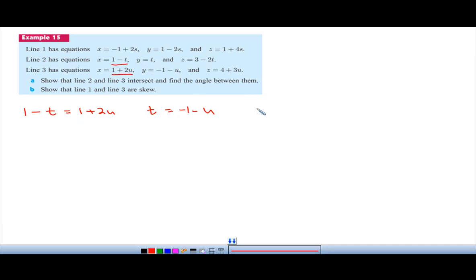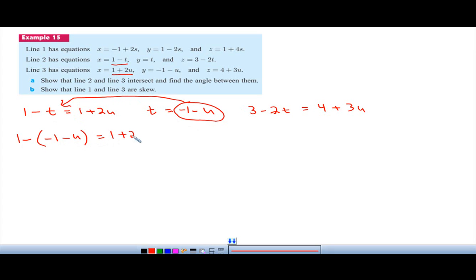And then we have 3 minus 2t is equal to 4 plus 3u. Now, we already know that t equals this, so I can do a direct substitution into here. So I get 1 minus parentheses negative 1 minus u is equal to 1 plus 2u.